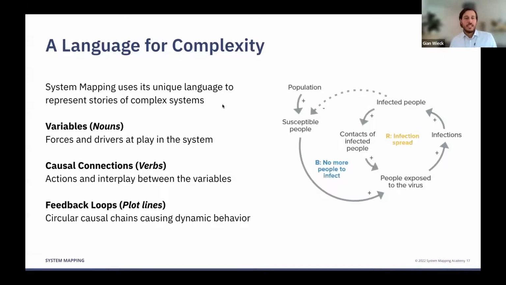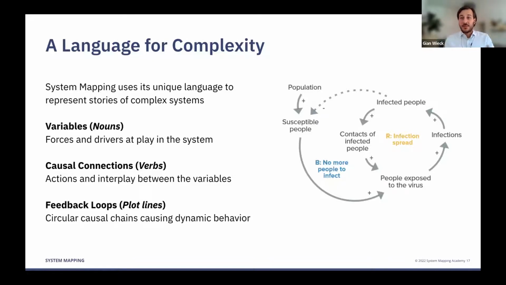In this example, we actually have two loops. The one on the right is: the more infections we have, the more infected people. The more infected people, the more they eventually get in contact with others, so the more people are exposed to the virus and the more infections we have. So already here, it's a self-enforcing, reinforcing loop within the system.